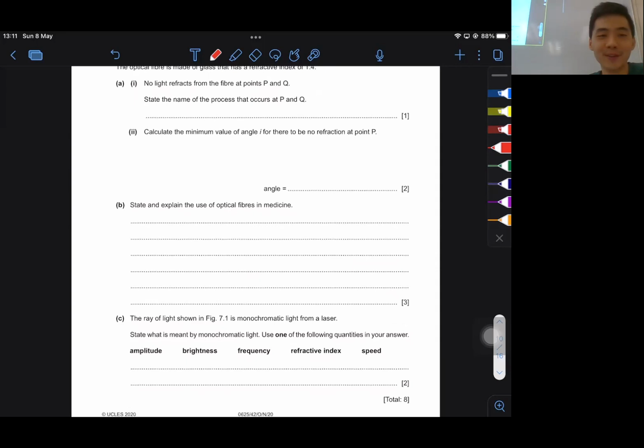Do you even know what refractive index is? Frequency. Monochromatic light is single wavelength. Frequency is amplitude or wavelength? Frequency is wavelength? Is it? Then why don't we call it wavelength? Why do we call it frequency? Wavelength.